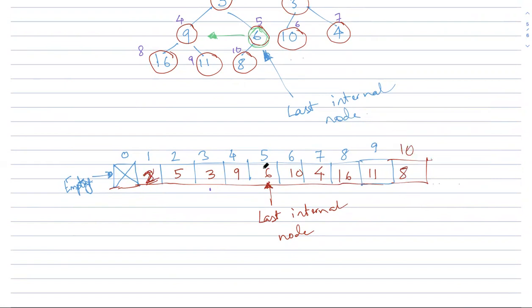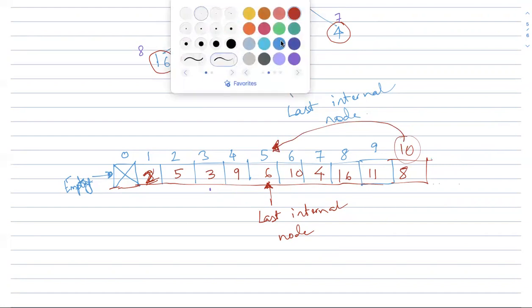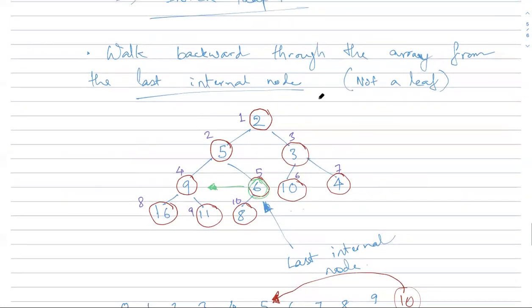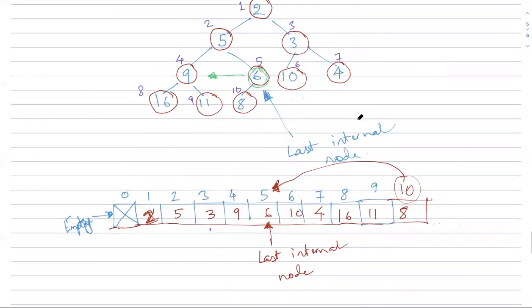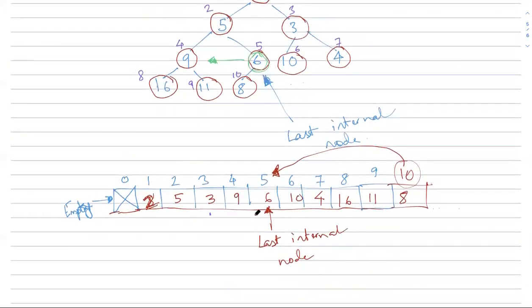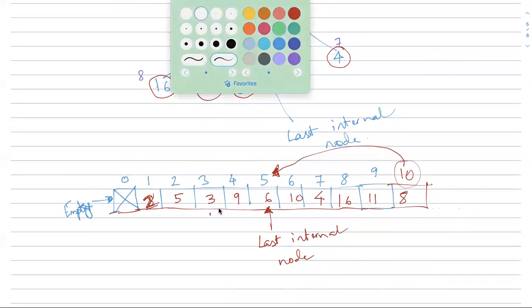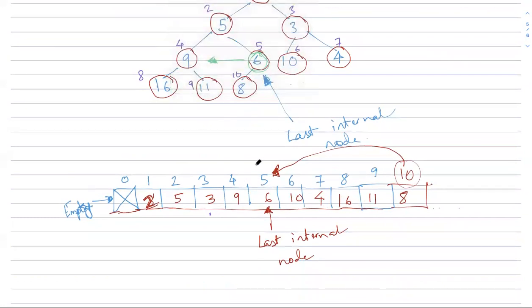So how do we get to the last internal node? You see the index of the last node and you divide by 2, that gives us this entry. So that's how you get to the last internal node. So you walk backward through the array from the last internal node. So we are walking backward in this representation from here.